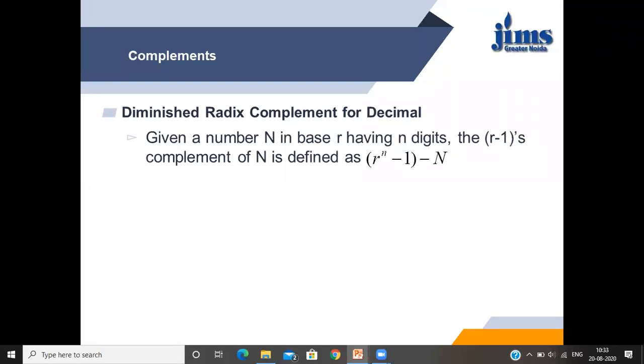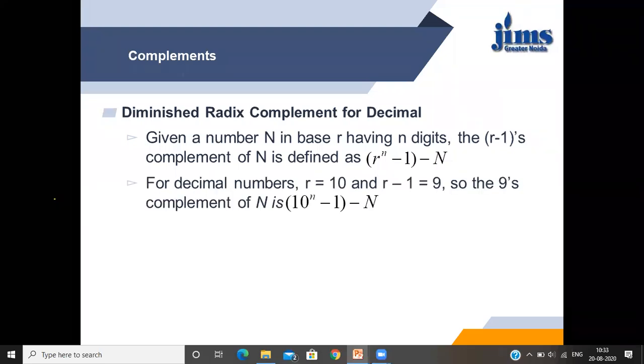Suppose given a number N in base r having n digits, the r minus 1's complement of N is defined as r to the power n minus 1 minus N. So r is the base, small n is the number of digits, and capital N is the number.